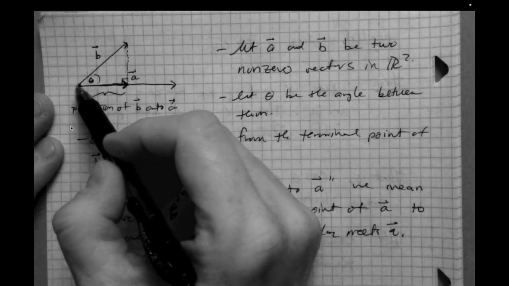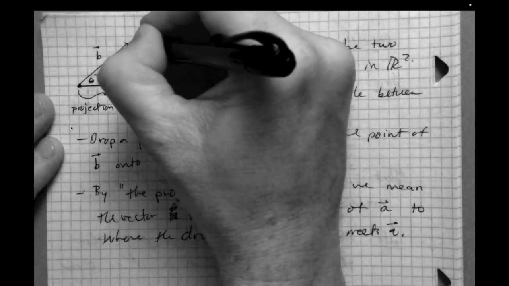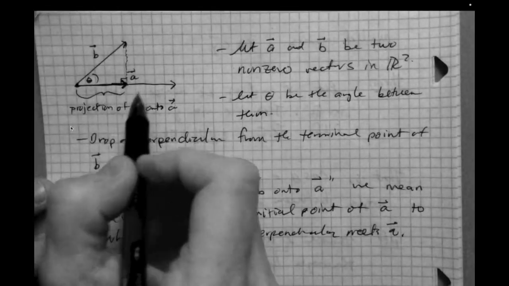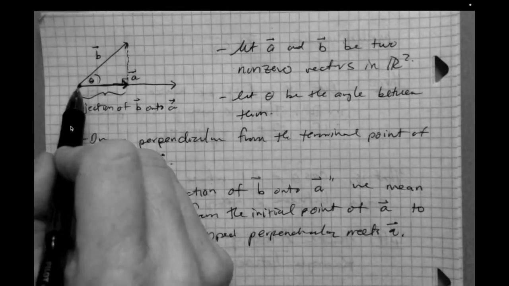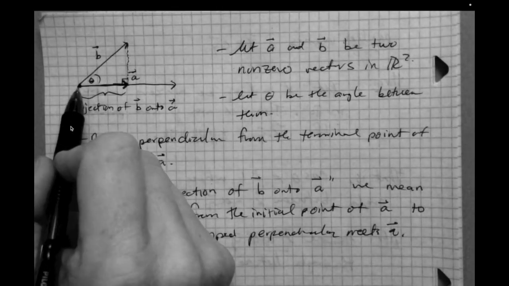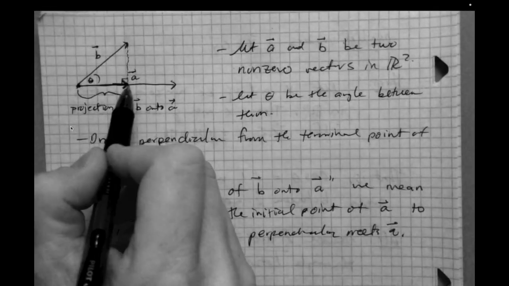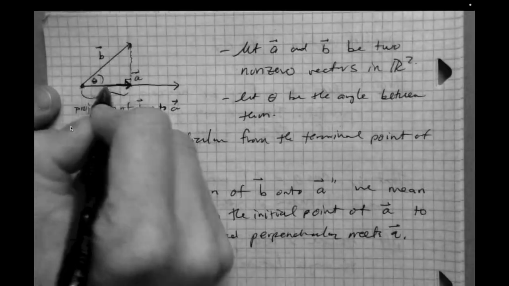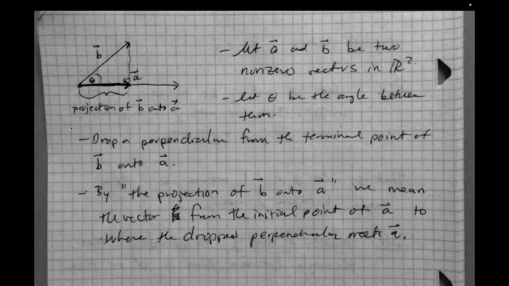Now, all you want to do is drop an orthogonal from B onto A, and that implicitly defines a new vector starting at the tail of A and ending where that perpendicular intersects A, right? So here you can see the drawing, right? That's what we mean by the projection of B onto A.